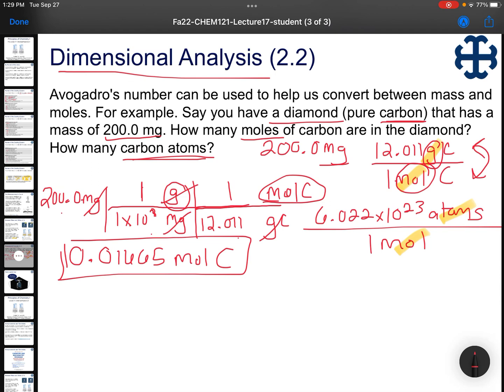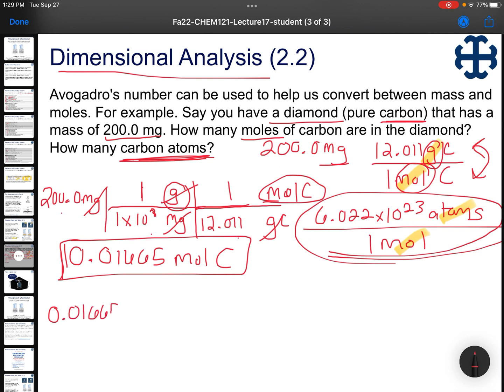If we want to figure out the number of atoms, because that was the second part of our question, we can just use another conversion factor. And so we have this other conversion factor right here, where we have moles, so 0.01665 moles of carbon. And if we use another conversion factor, where this time we do want moles on the bottom, so 1 mole of carbon, then those will cancel.